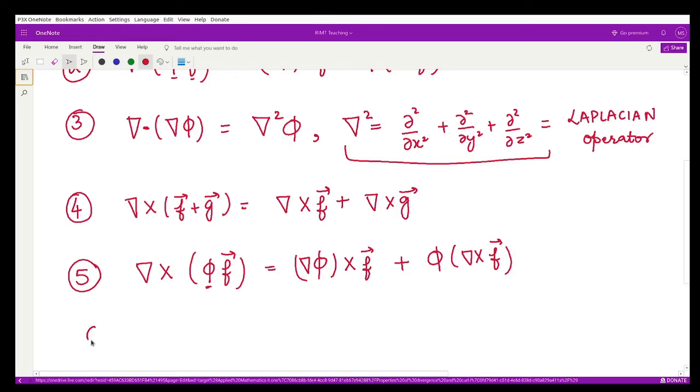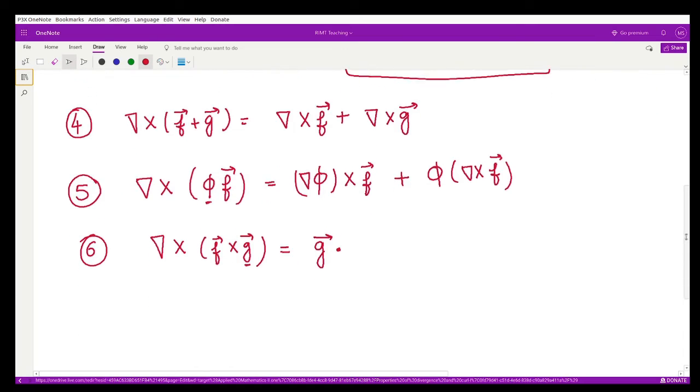The next property is about taking the divergence of the cross product of two vectors. This is equal to vector g dot, so the second vector comes out first. Here the order matters very much, so you should be careful while writing or using this property.